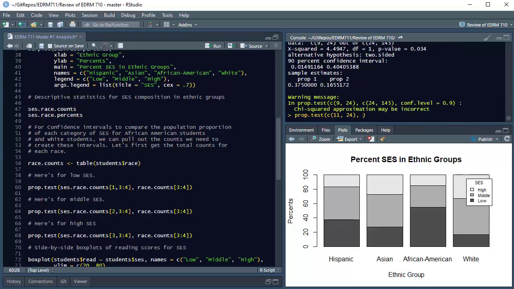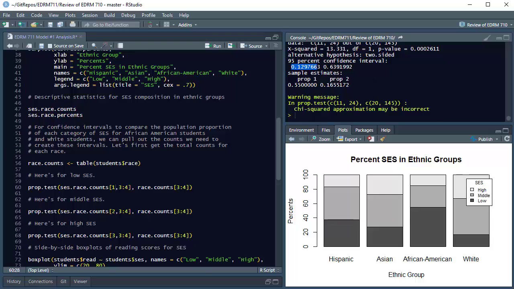Okay. And so that difference is somewhere between 13 percentage points higher, low SES for African Americans, all the way up to potentially 64 percentage points higher.